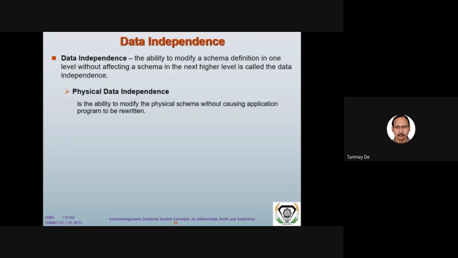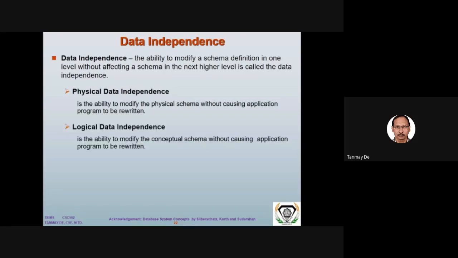If we modify it, then the application program also needs to be modified. But here, if we maintain physical data independence, then we have the ability to modify the physical schema without rewriting the already existing application programs. Okay.